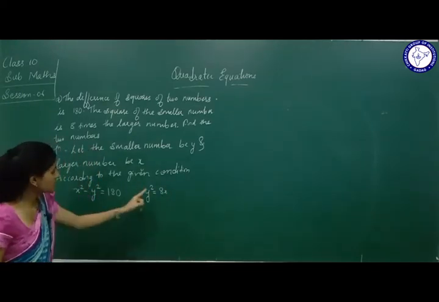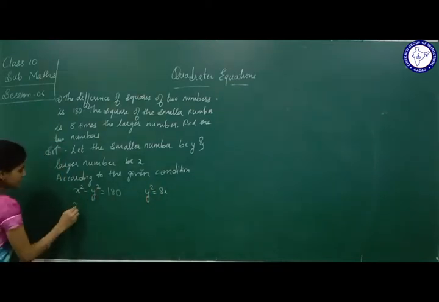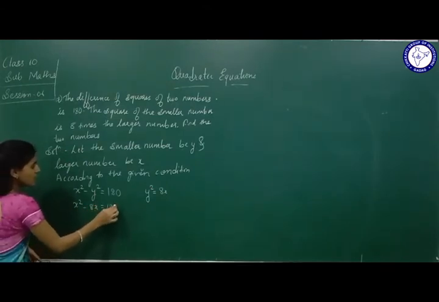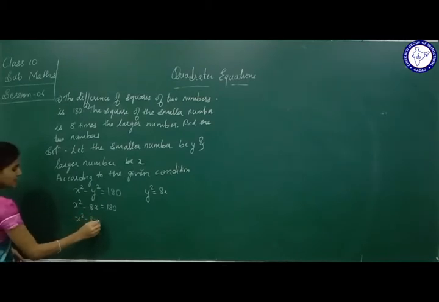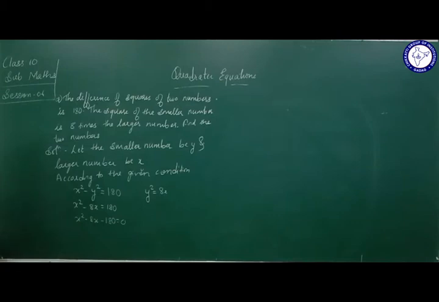Okay. Now substitute y square equals 8x in this equation, that is x square minus 8x equals 180. Nothing but x square minus 8x minus 180 is going to be equal to 0. Now what are we going to do?